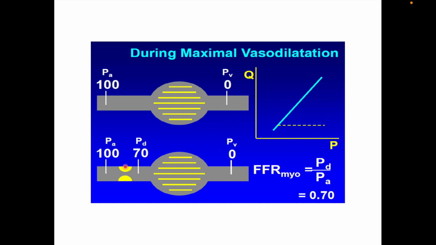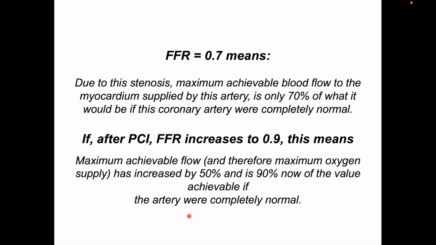Just to give you an example, that's the PA. The guide catheter is measuring a pressure of 100 millimeters of mercury, and across the stenosis, the PD, that's the pressure wire sensor, is measuring 70. So FFR is equal to PD over PA, meaning 70 over 100, that's 0.70. Now, what does this number 0.70 mean?